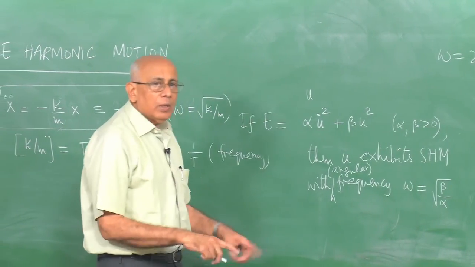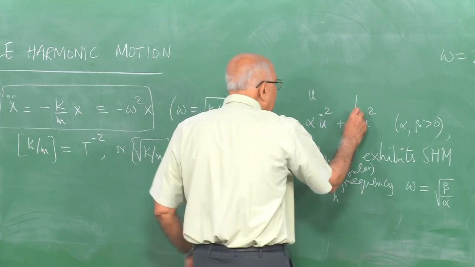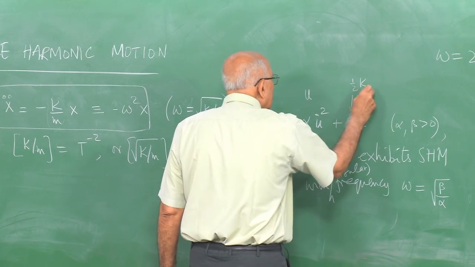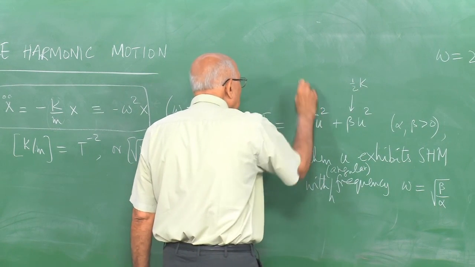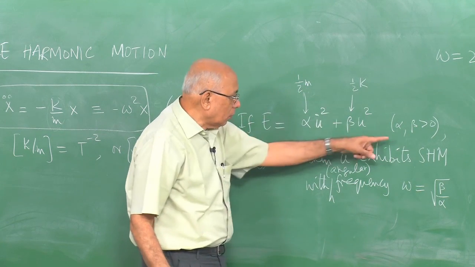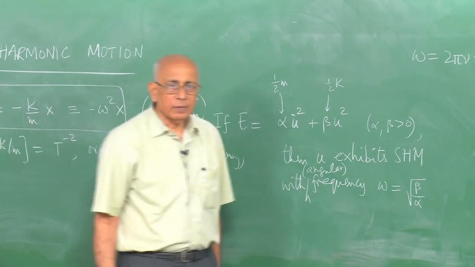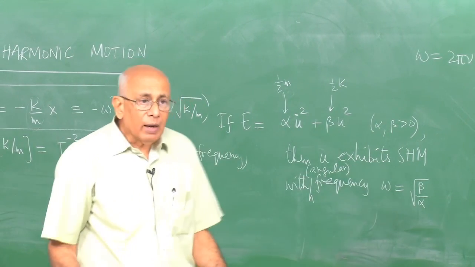In the simple harmonic oscillator case which we looked at, the particle, this quantity was 1/2 k and this quantity was 1/2 m, and then the square root of k over m was your frequency, and now it is the square root of beta over alpha, that is it. So this is all you have to do.